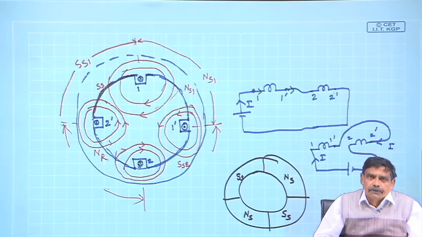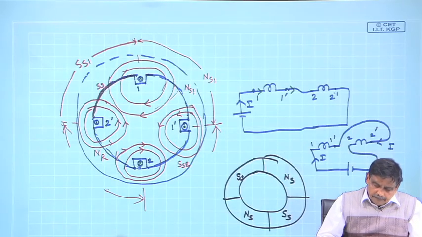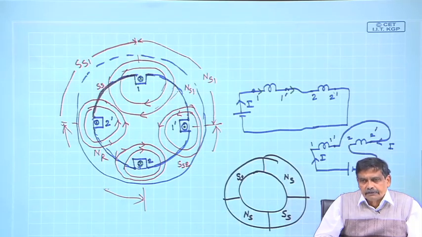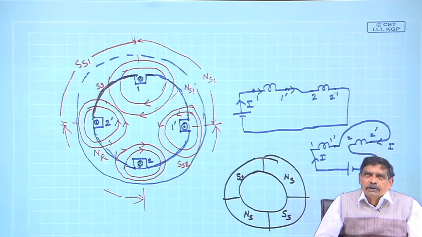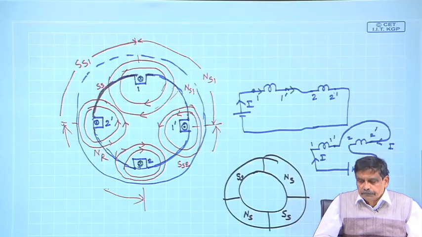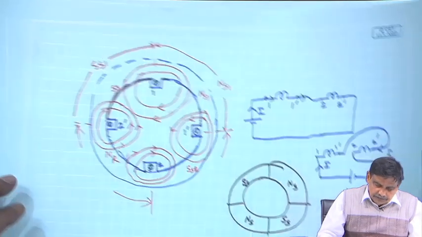Can you suggest that 3 coils will be needed, show the disposition of the separate coils with terminals 1 1 dash, 2 2 dash, 3 3 dash, connect them in series and show that it indeed produces 6 poles. So, that you try to do.